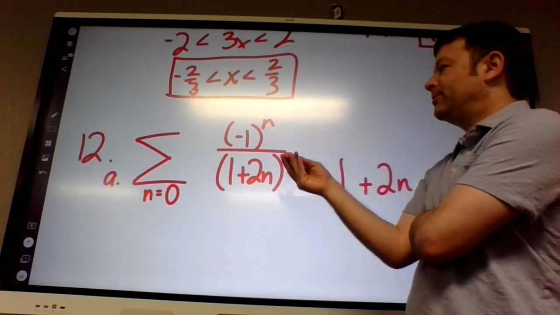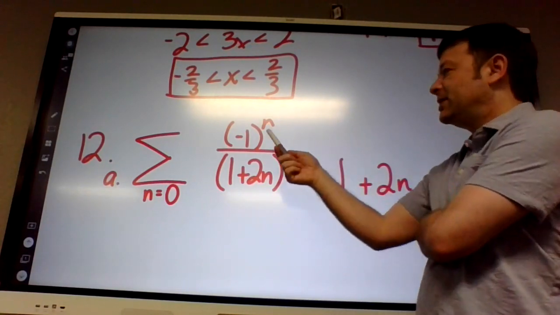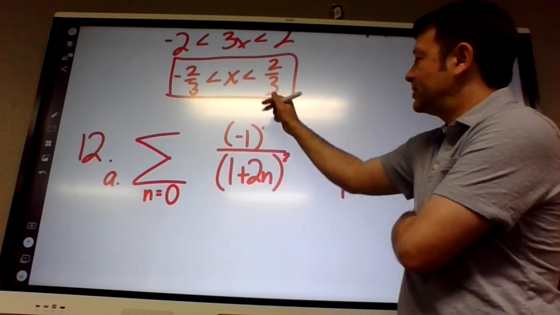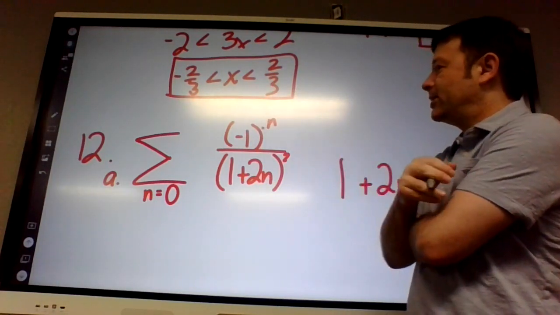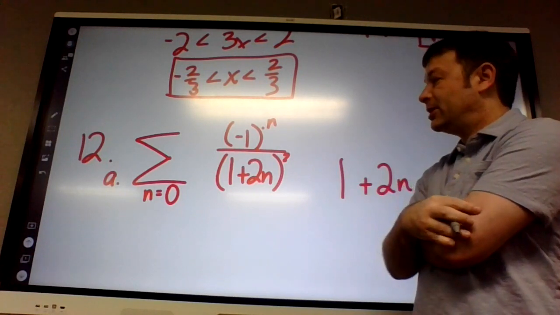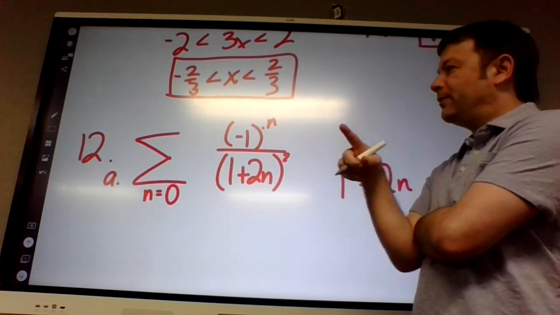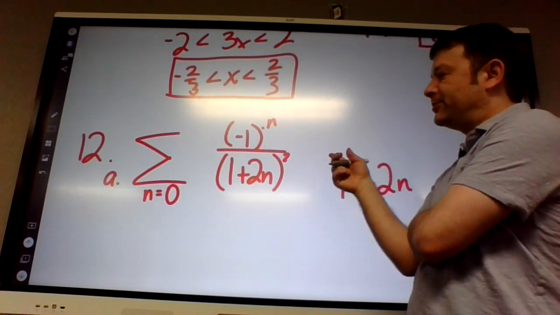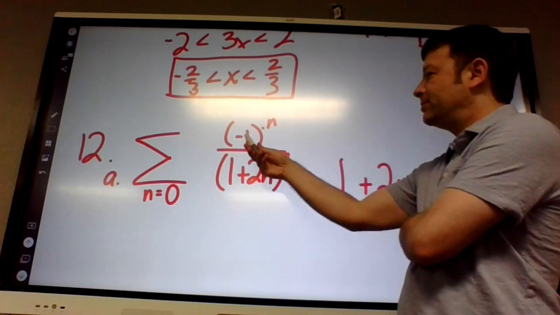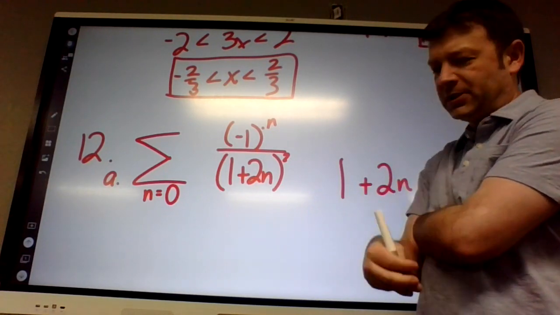Okay, you guys see my problem? The numbers are jumping from positive to negative, so I need it to jump from positive to negative. So we need to keep multiplying by negative 1. So that's how I'm going to fix it. I put negative 1 to the n on top. Can't do negative 1 squared. The negative squared doesn't help. That just makes it positive. Anyway, that should fix it though. And does it just go forever?